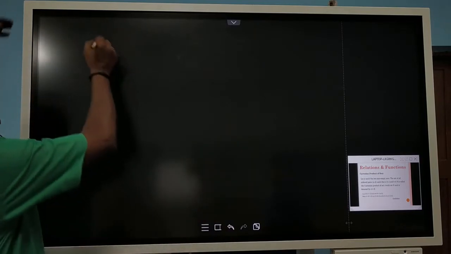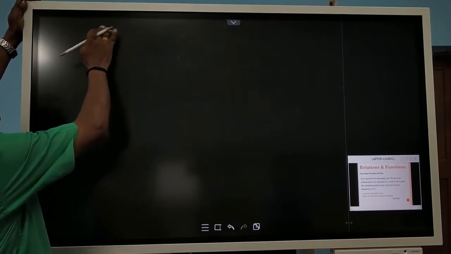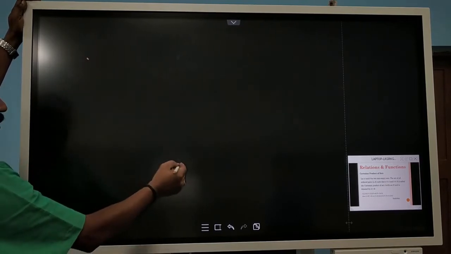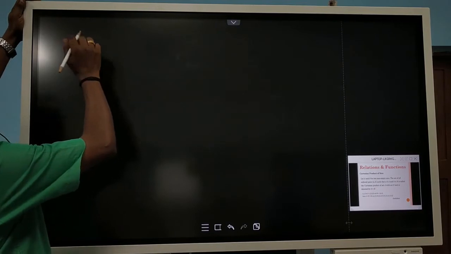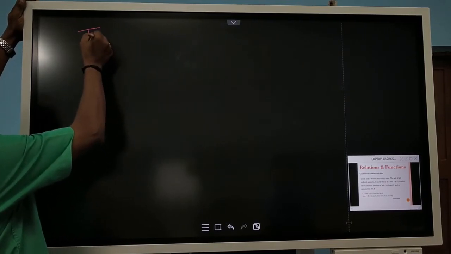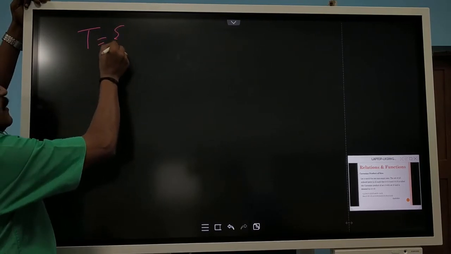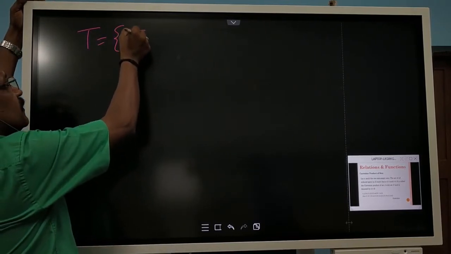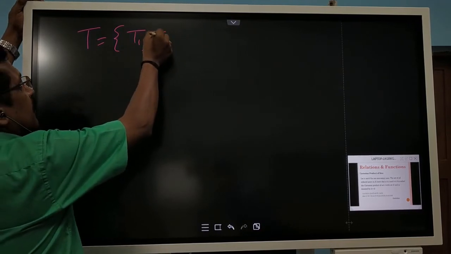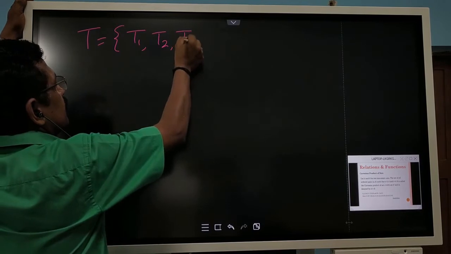I am taking T. T is the teacher set. The teacher set T contains teacher 1, teacher 2, teacher 3.